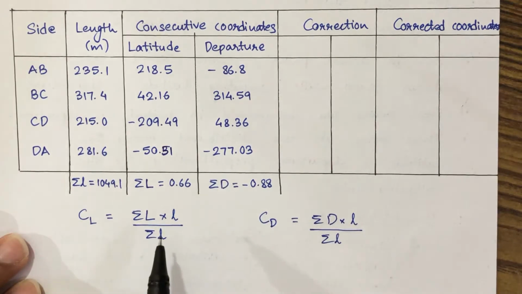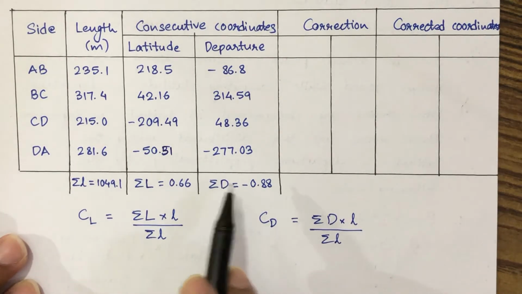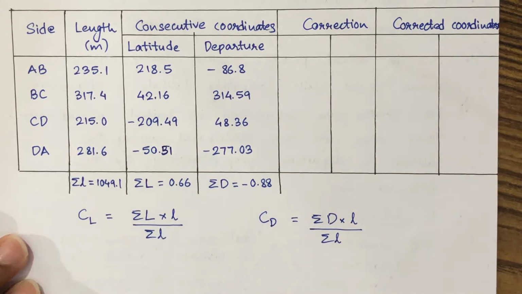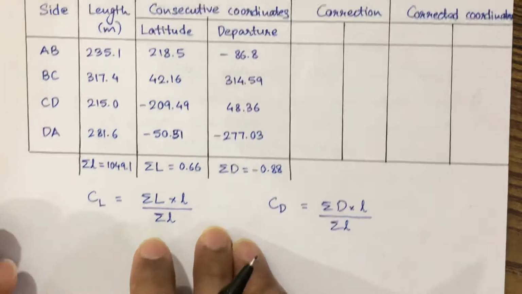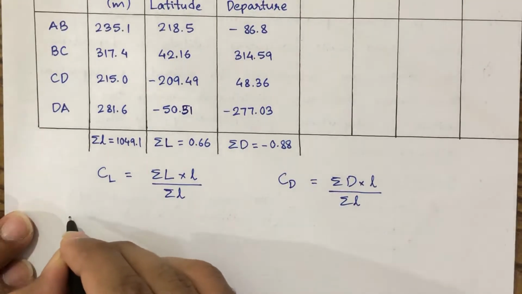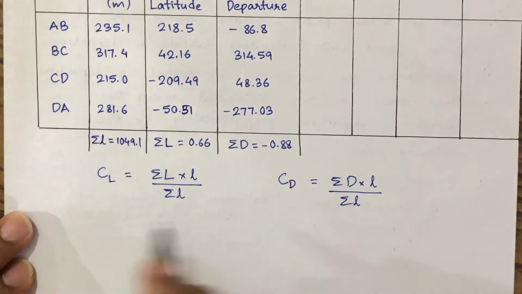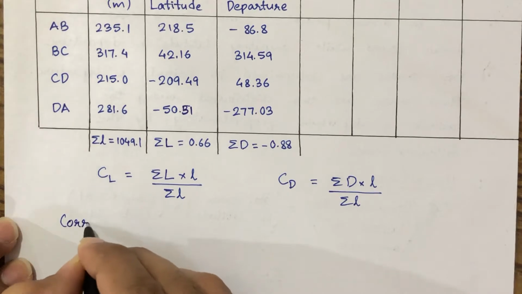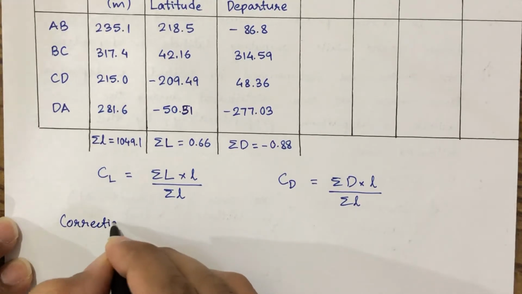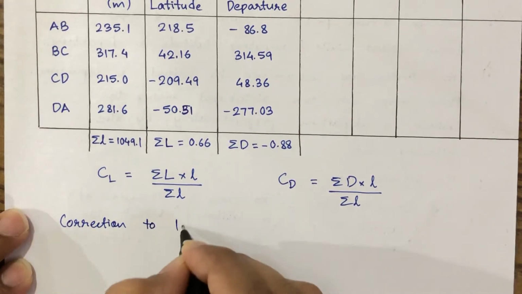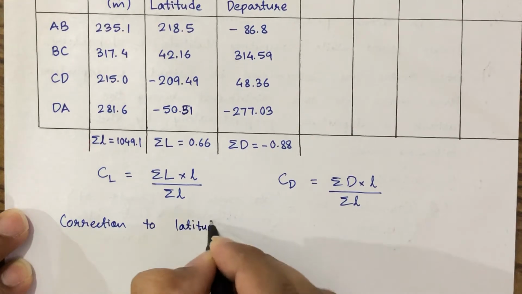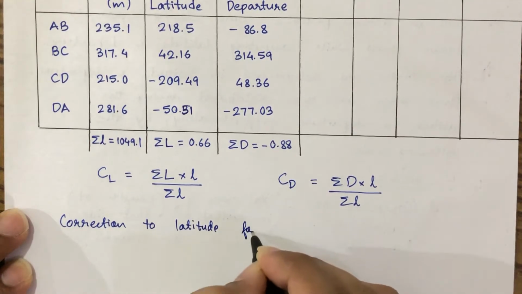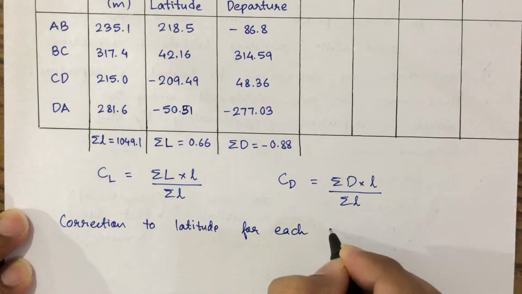This is the error that we calculated for departure, and this is the error for latitude. Now let us calculate the correction to latitude for each side.